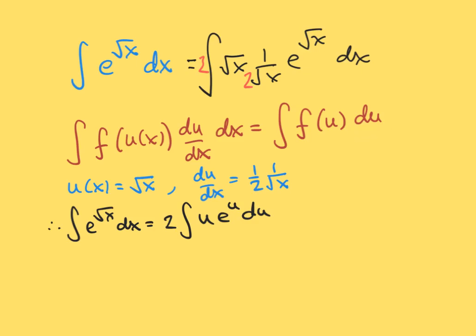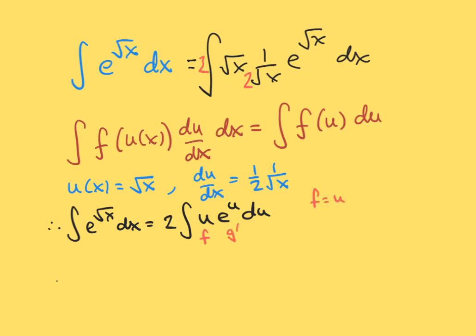And we look at this integral and we think to ourselves, we're going to have to use integration by parts. We have something here which, if we differentiate it, will give us 1, and e to the u is straightforward to integrate. So let's say that this is f and this is g prime.